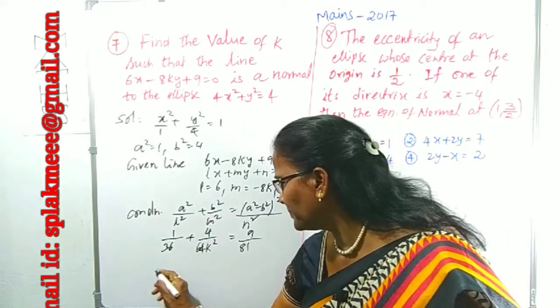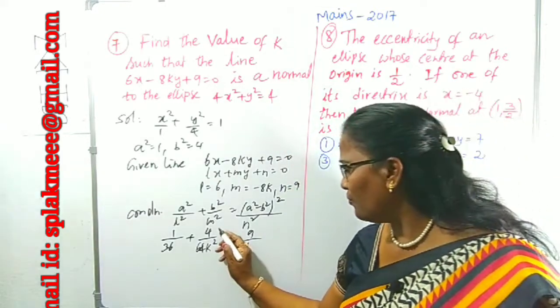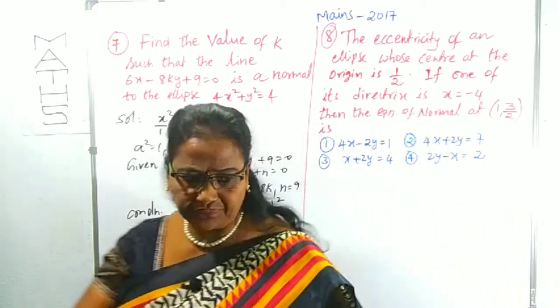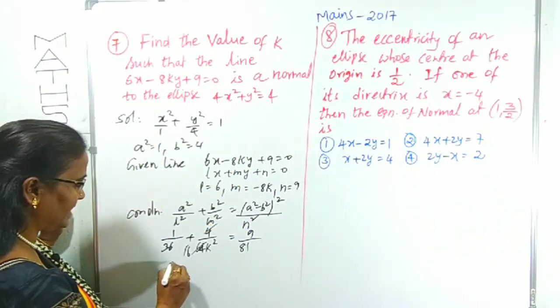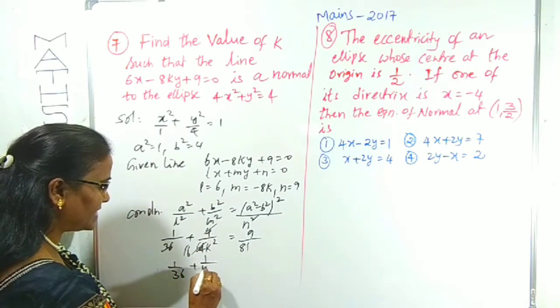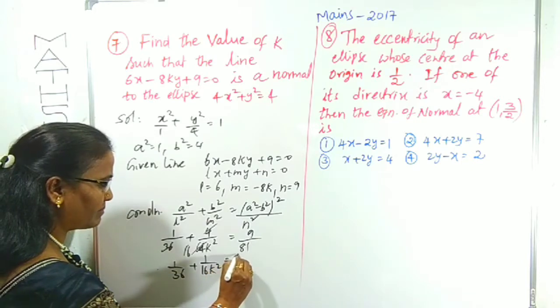It will be cancelled by taking the LCM here. What is the LCM of 36 and 64? Four 16s we can cancel out. Now what will be left over? 1 by 36 plus 1 by 16k square is equals to 1 by 9.